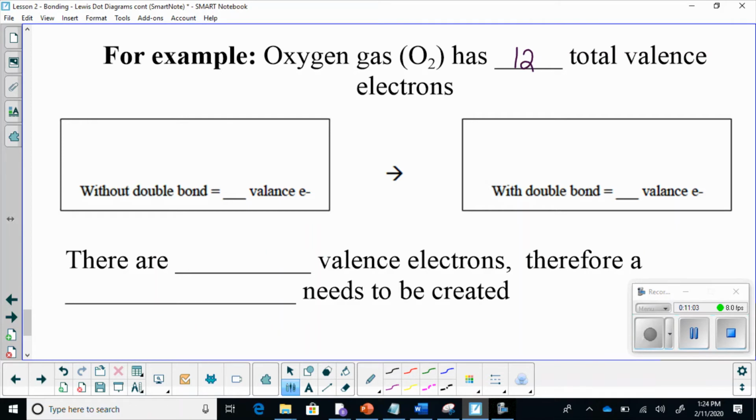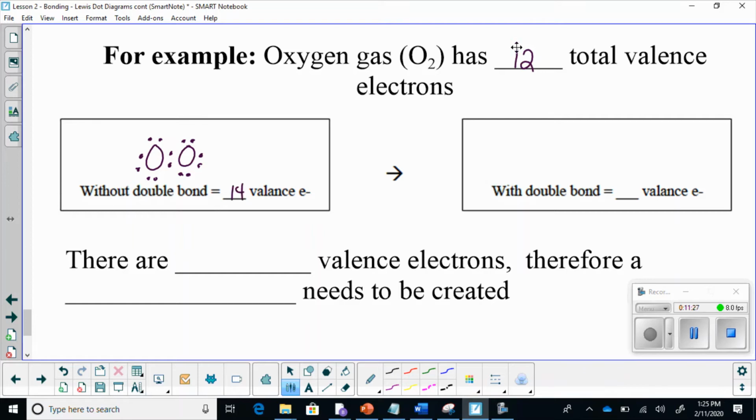So going on to the method I showed you, you draw your atoms, and then you complete the octet. Okay, you have your compound, and then we count. 2, 4, 6, 8, 10, 12, 14. We've run into a problem.